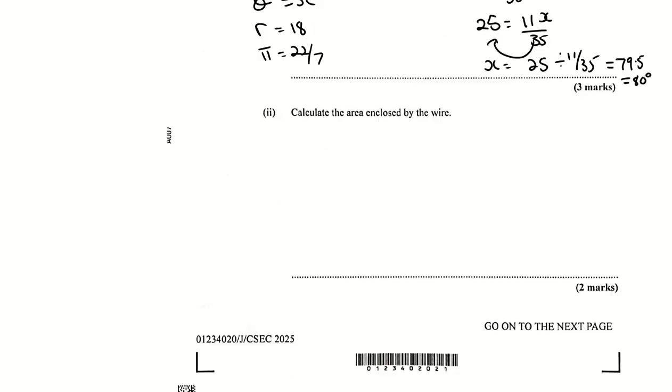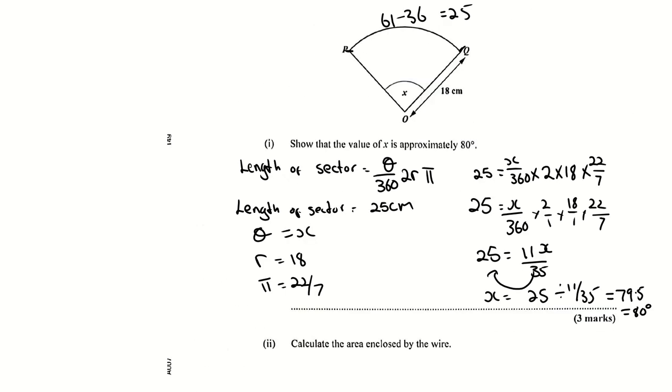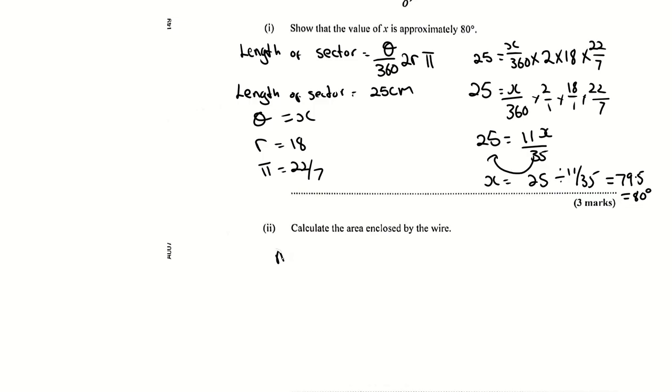Right, calculate the area enclosed by the wire. So this is the area of your sector. Area of a sector is theta over 360 times pi r squared, which would be 80 over 360 multiplied by 22 over 7 multiplied by 18 squared.